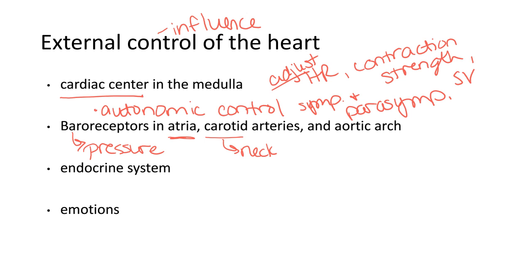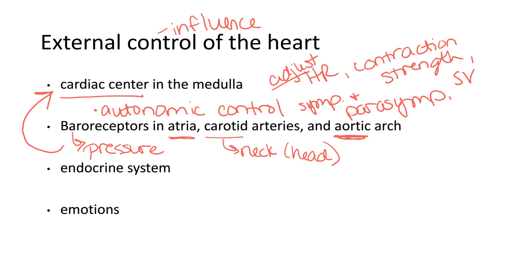So these baroreceptors are monitoring the pressure in these big major vessels that are headed up to our head, headed up to our brain, headed right out of the ventricle, and the return blood flow in the pressure in those atria. These receptors will measure that pressure, send it back to the cardiac center, so then the cardiac center can try to influence the rate and the contraction strength and the stroke volume if it needs to.